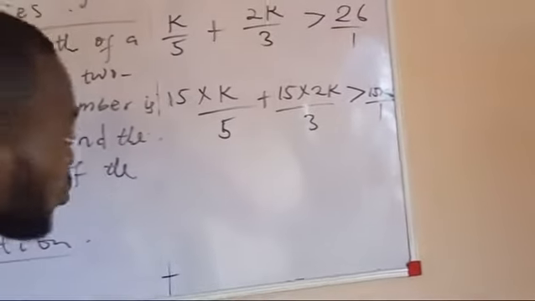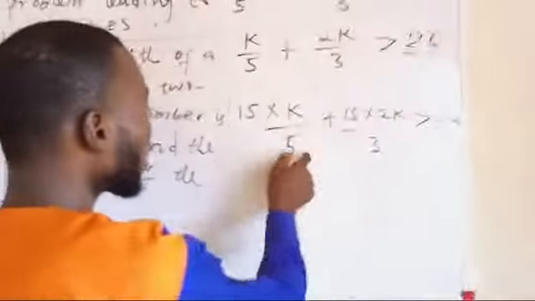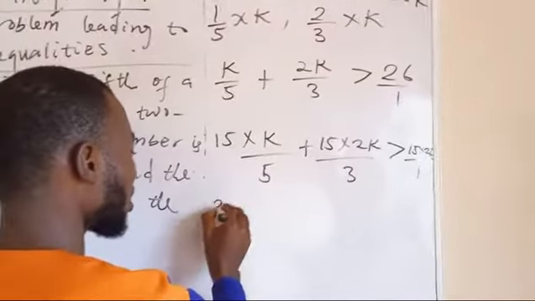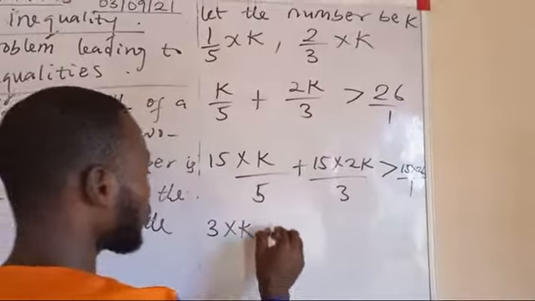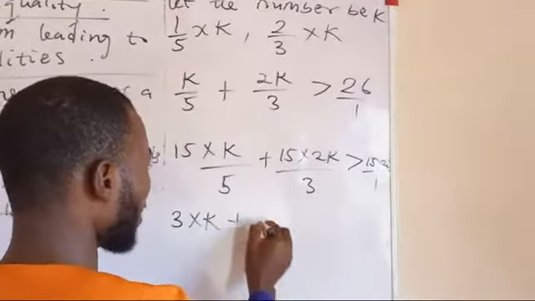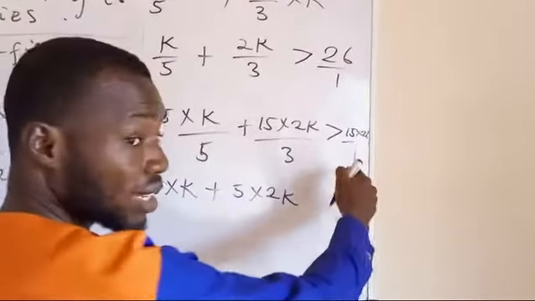So it's now for us to be using this denominator to divide the LCM. So 15 divided by 5 will give us a 3. 3 times k, plus 15 divided by 3 will give us a 5. 5 times 2k. 15 divided by 1 is 15.